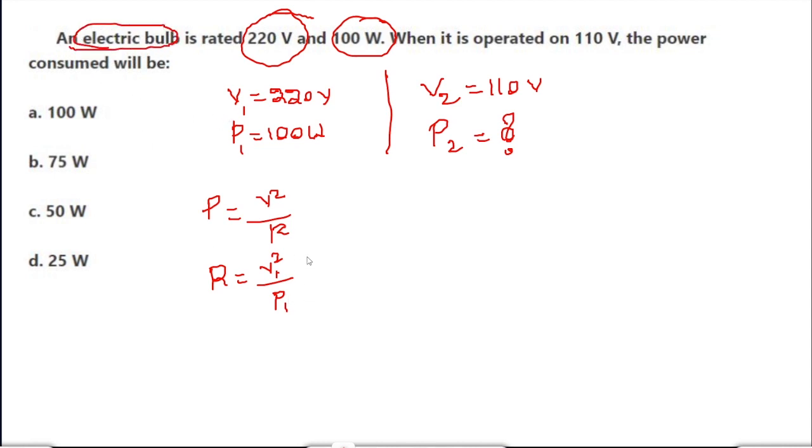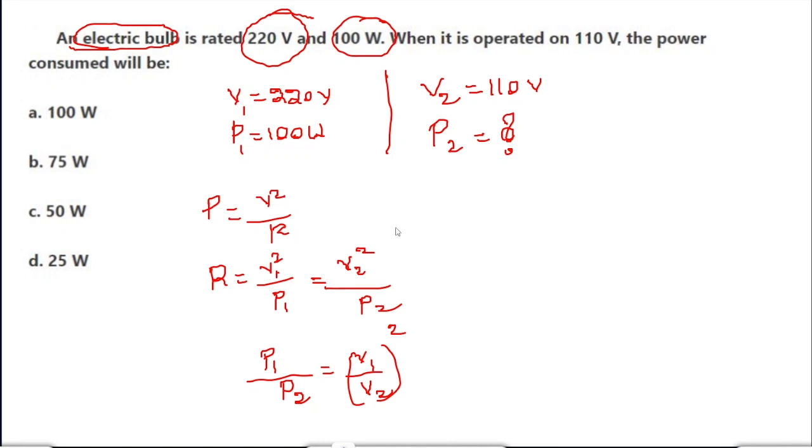So R is constant at any voltage. So V1 square by P1 equals V2 square by P2, isn't it? Now I can write from this equation that P1 by P2 is equal to V1 by V2 whole square. Now you need to substitute all the values in this equation.